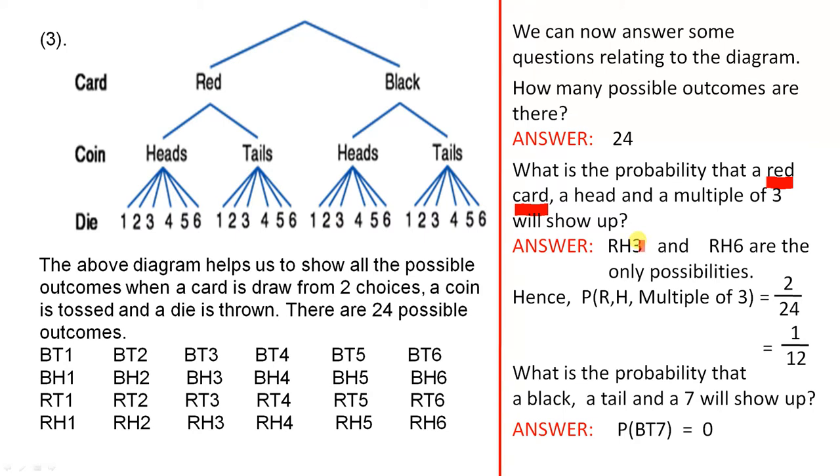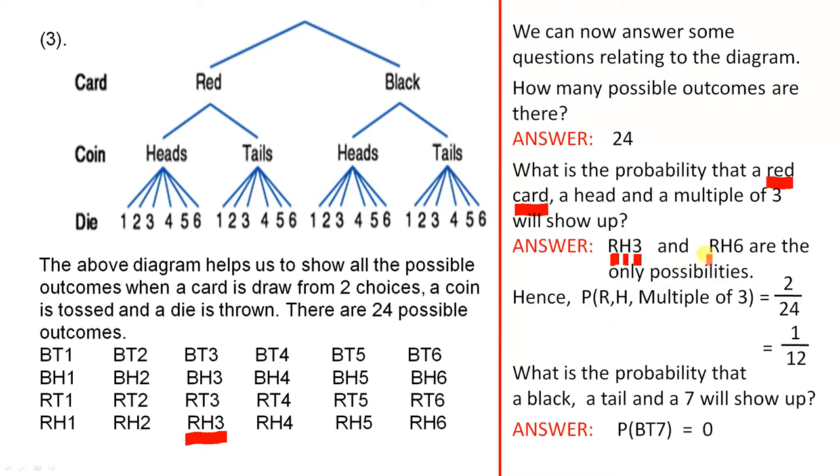Now, there are only 2 possibilities because firstly you'll have a red, then you'll have a head, and 3 is a multiple of 3. So RH3 is one possible answer, this one here.